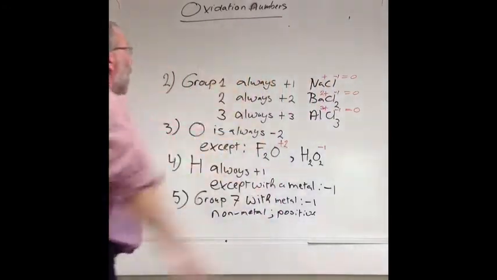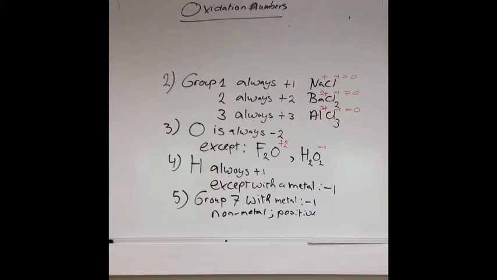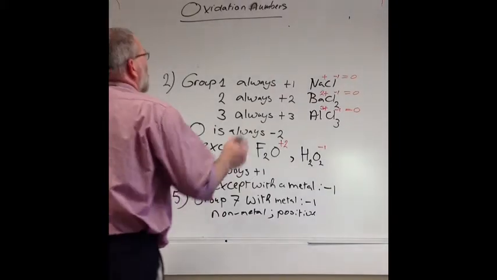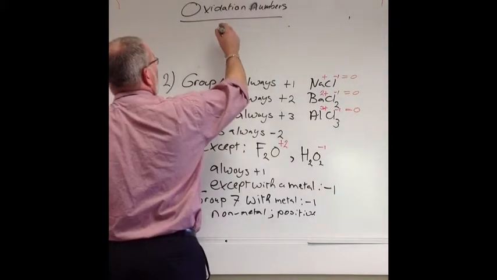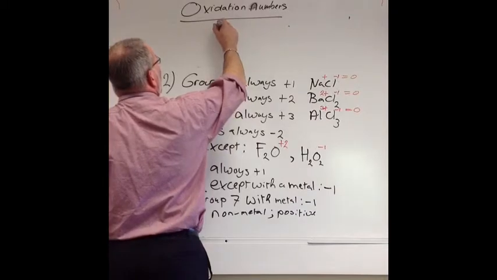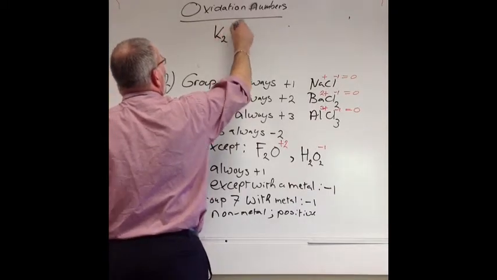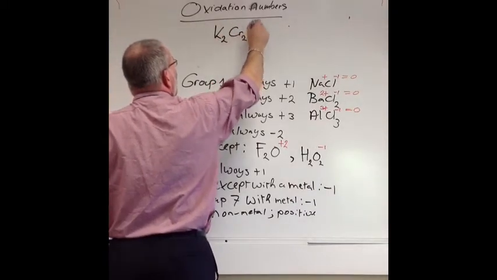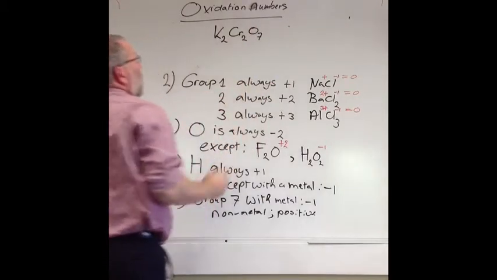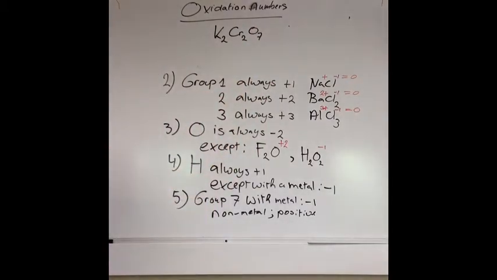For those people who are already finished and want to have a puzzle, let's start with this. I want the oxidation states for the potassium, the chromium and the oxygen.